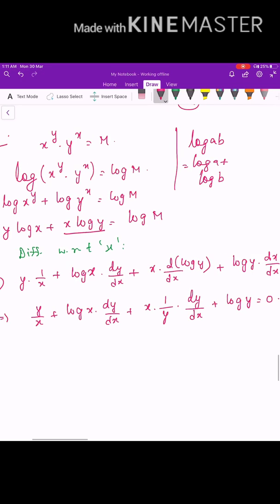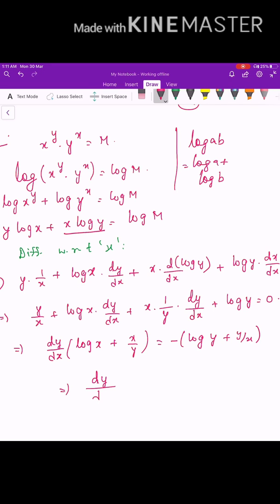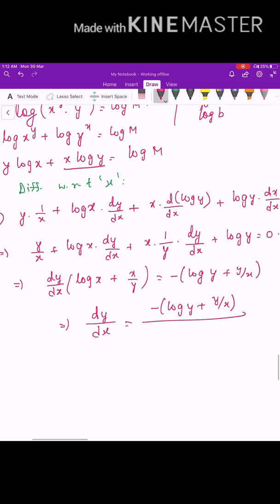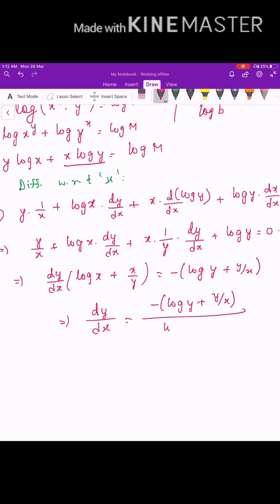All the terms containing dy by dx on the left hand side, the second expression and the third. Rest everything on the right hand side. Therefore, dy by dx can be written as minus log y plus y by x upon log x plus x by y.